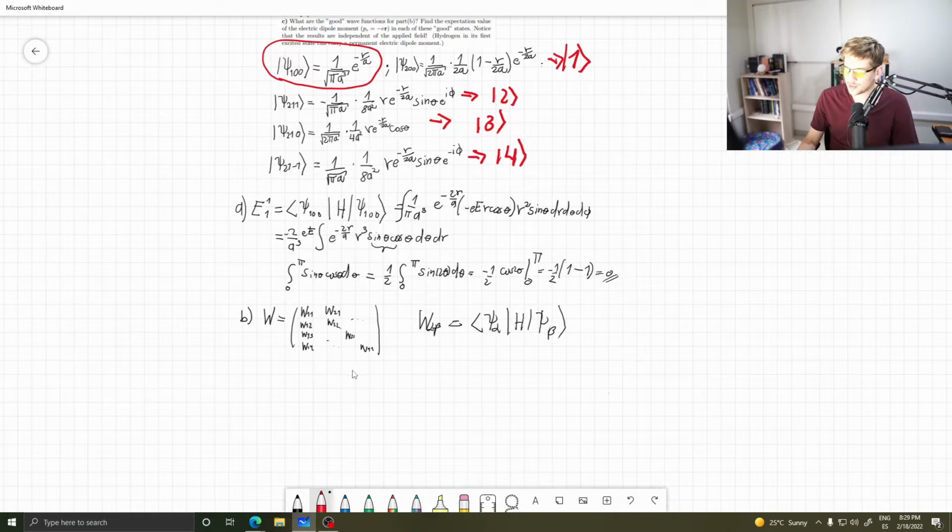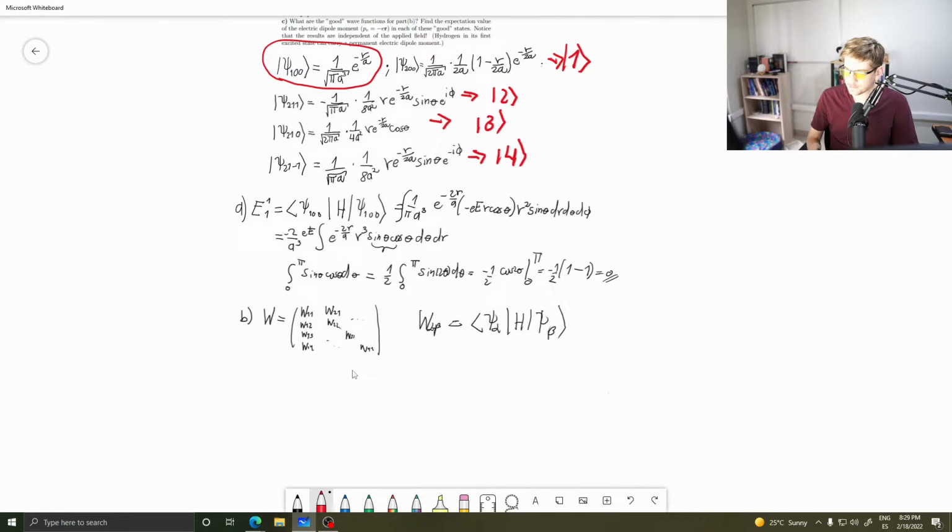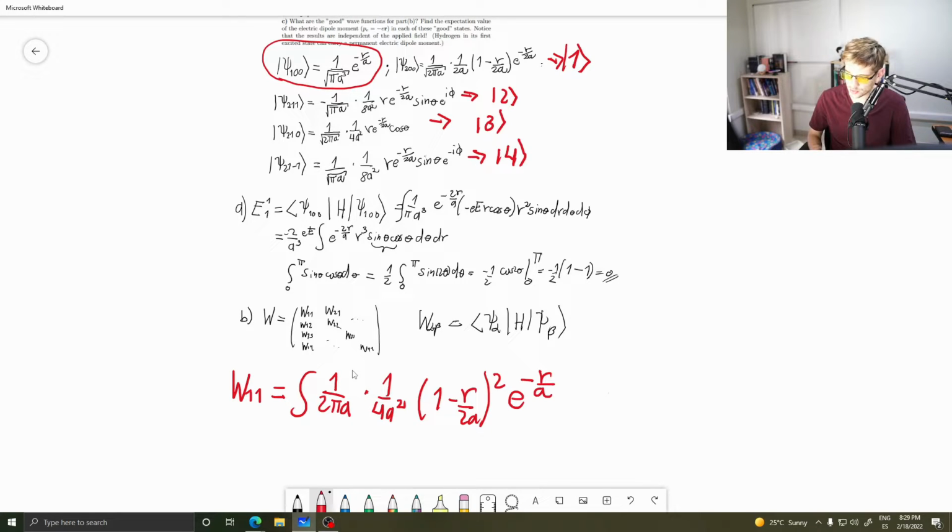Let's go for W11. So W11, what's it going to be? This would be this thing squared. So we have to integrate, and the square root is going to go away. So 2 pi a times 1 over 4a squared, 1 minus r over 2a squared, e to the minus r over a, right? Because it's squared, so the 2 goes away.